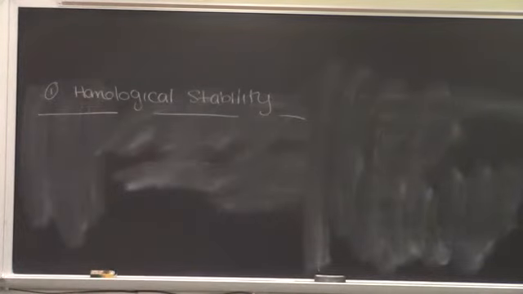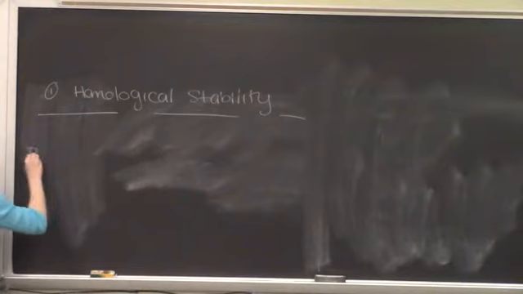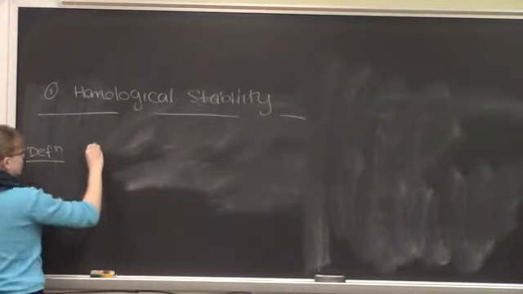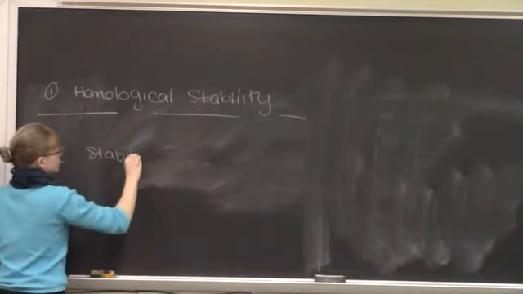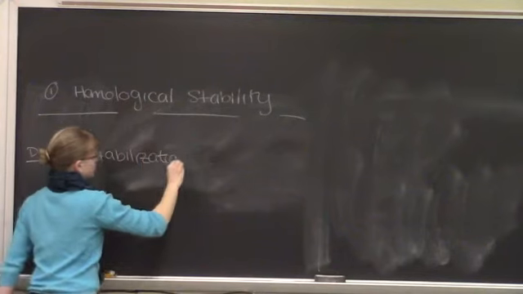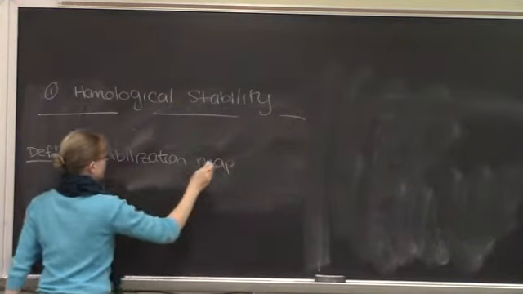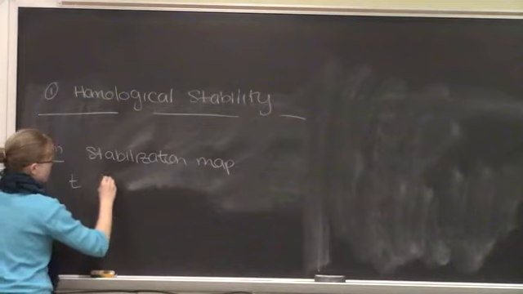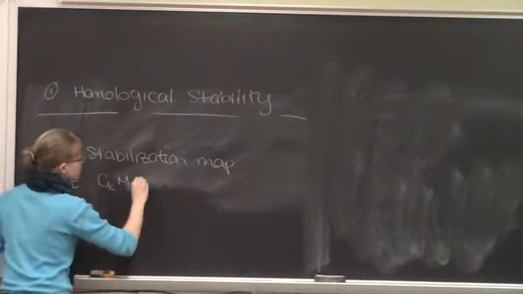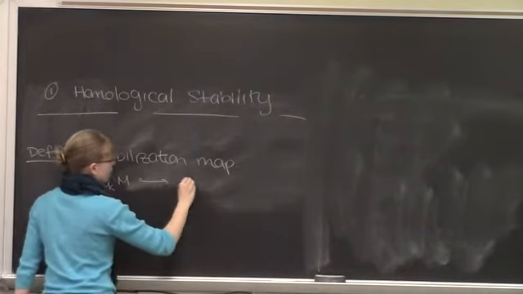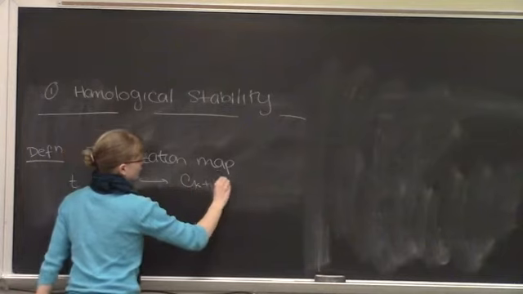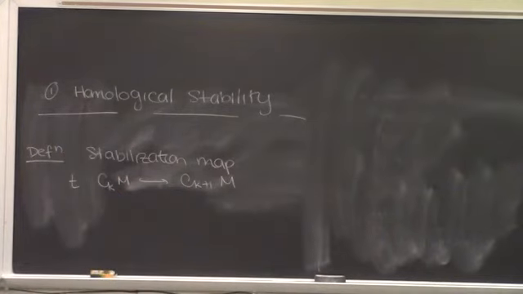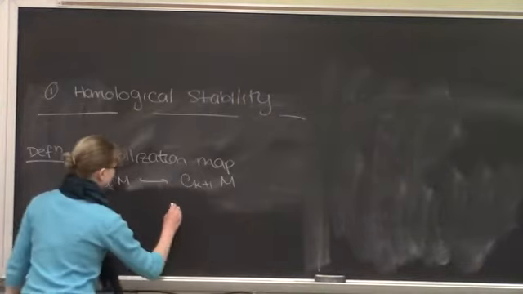Okay? And to state this result, we need the following operation. We'll call this the stabilization map, as homologists do. This is a map from the configuration space on k points into the configuration space on k+1 points. It's defined as follows.